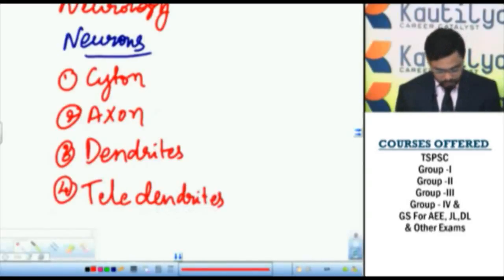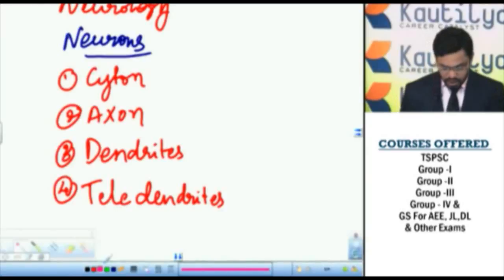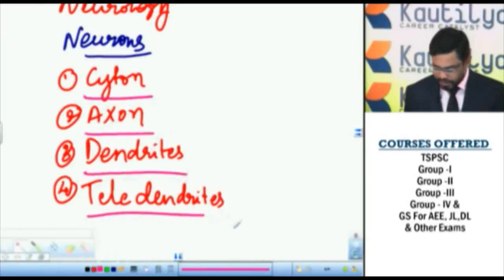Neurons are the longest cells in the animal kingdom. Neurons do not undergo cell division, so the number of neurons is fixed. So these are the structures present in the neurons: cyton, axon, dendrites and teledendrites.